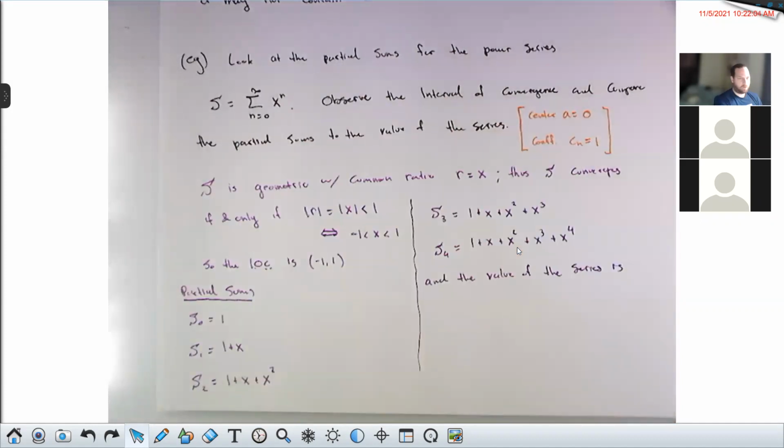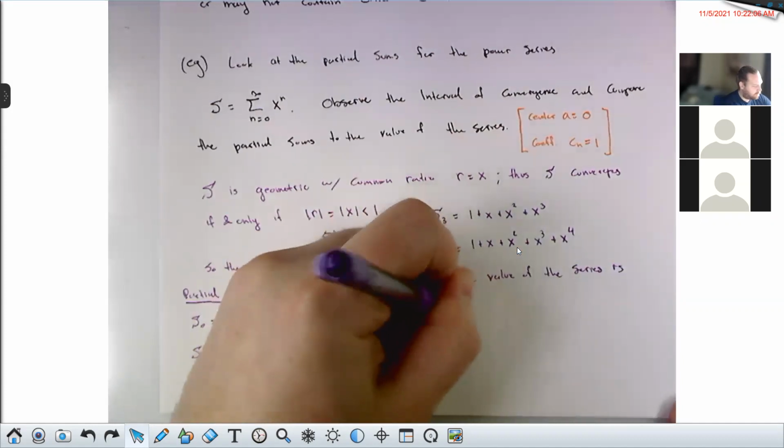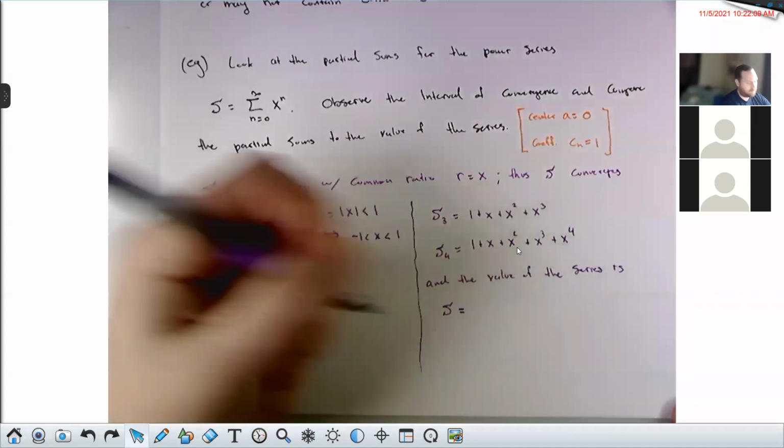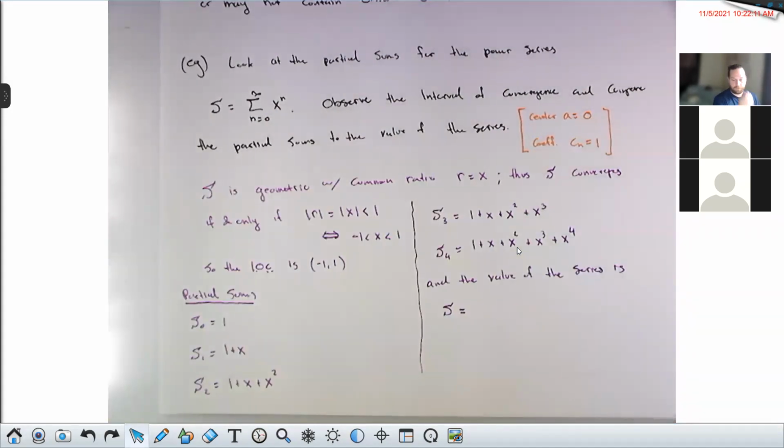And what is the value of the full series S? How do you find the sum of a geometric series? And we have here a geometric series. What's that recipe?